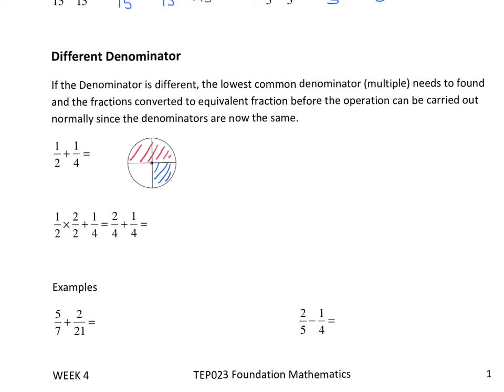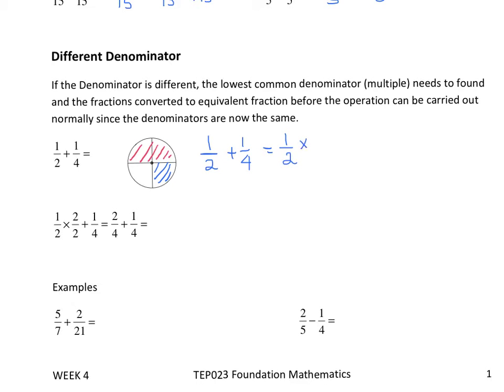So how do we actually perform the problem? A half, I'll rewrite it, a half plus a quarter. The denominators are different. So we need to make 1/2 into an equivalent fraction out of 4. Now you need to include this as part of the problem.